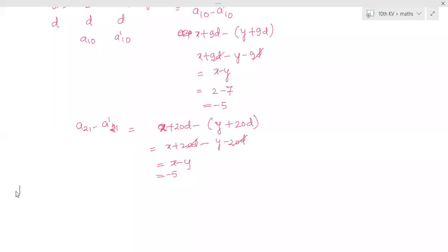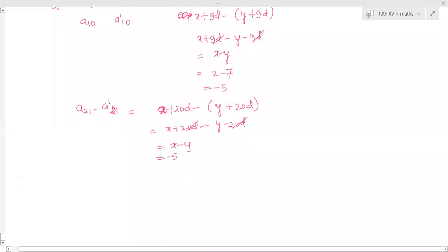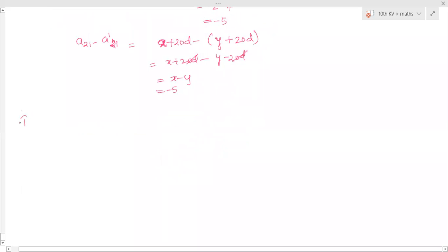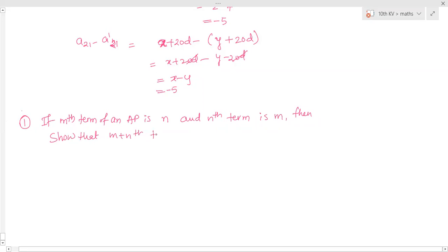The next are some level 2 questions, but they are not in terms of numbers. Those are in terms of variables. So write the first question. If the mth term of an AP is n and the nth term is m, then show that the (m plus n)th term is 0.